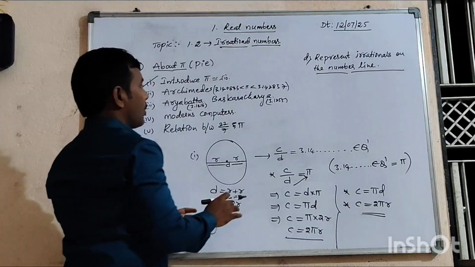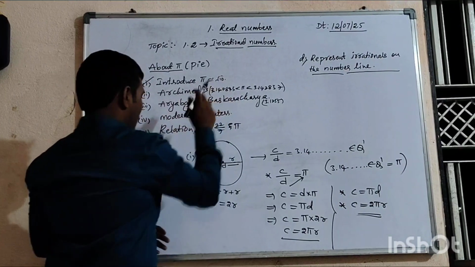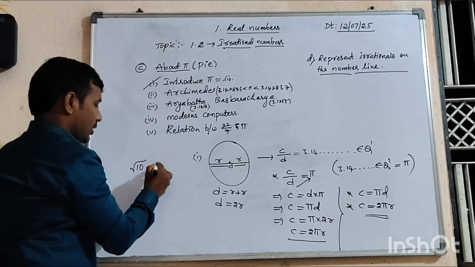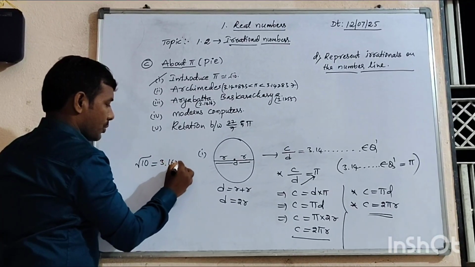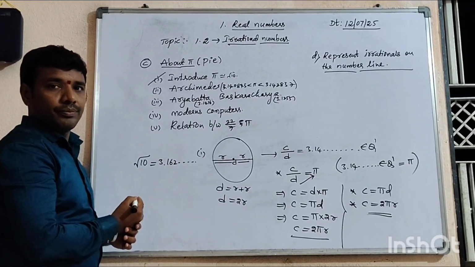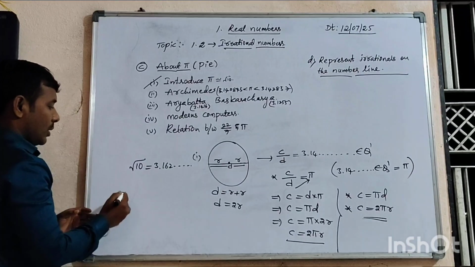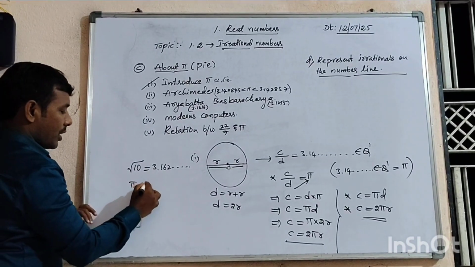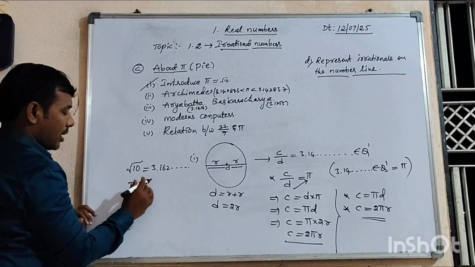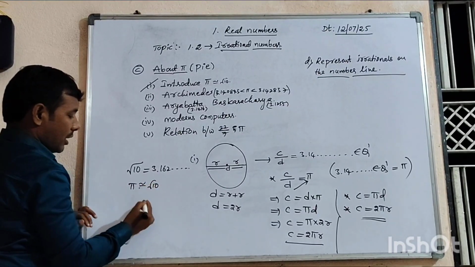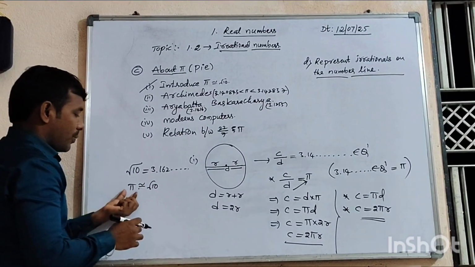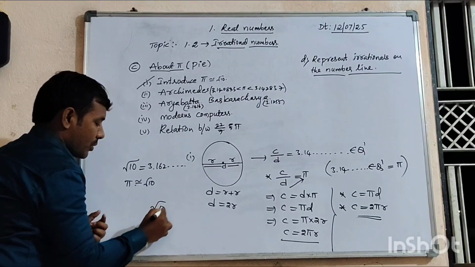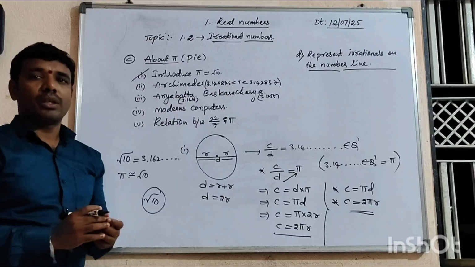Now one more important note: root 10, square root of 10, its value is 3.162... Sometimes for convenience, instead of pi we can use approximately root 10 in the calculation part.